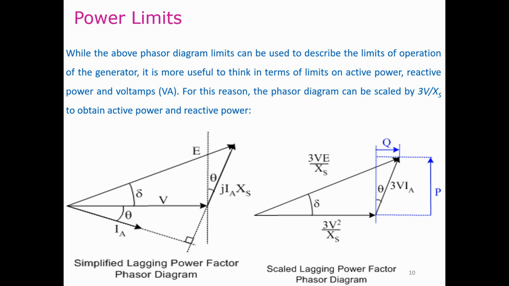So P is VI cos theta, and Q is VI sin theta. Similarly, E is transformed to 3VE by Xs, and the angle between V and E is delta. So this is a scaled lagging power factor diagram which is transferred from the voltage basis to the power basis.